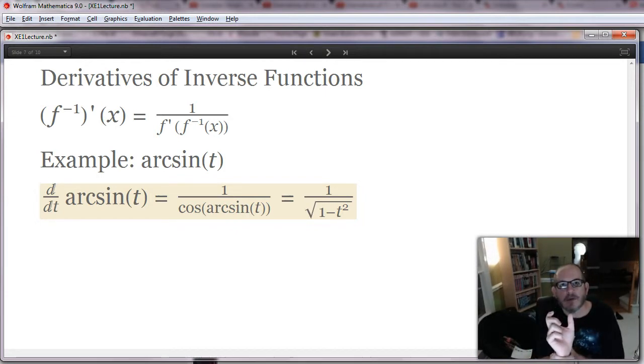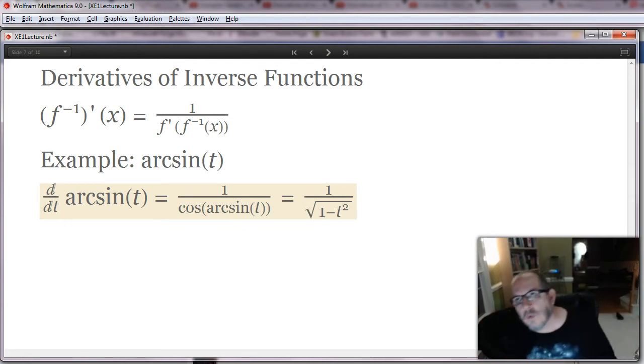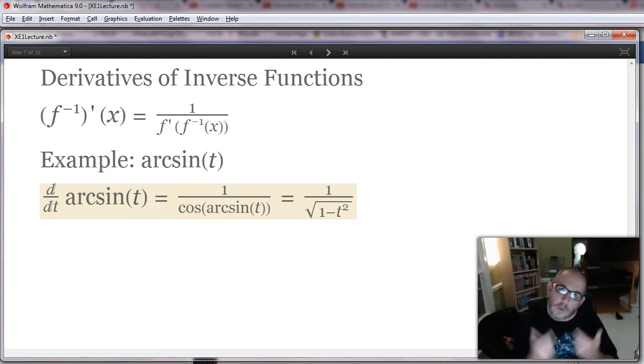In this case, it's the cosine of the arcsine, and that always ends up with things like 1 plus something squared, or 1 over something square root, or x over square root of 1 plus x squared, all sorts of things. It's all according to what those two pairs are. So taking the derivative of inverse trig functions gives me trig functions of inverse trig functions.